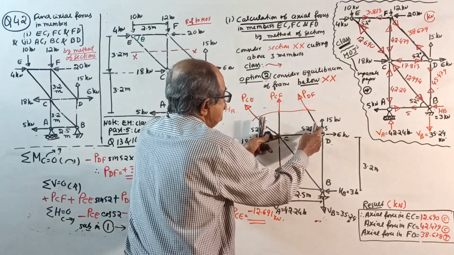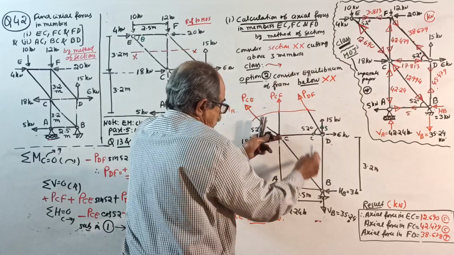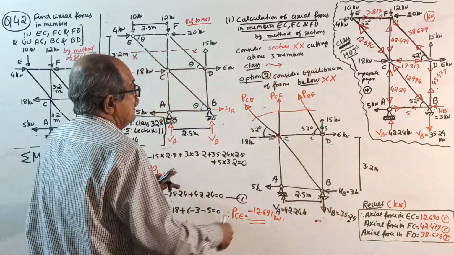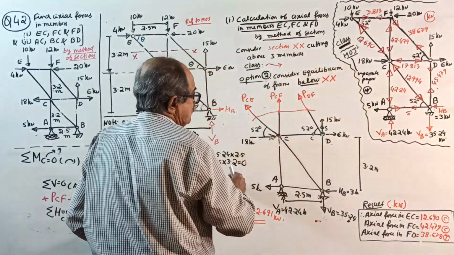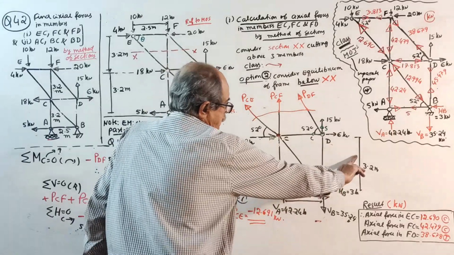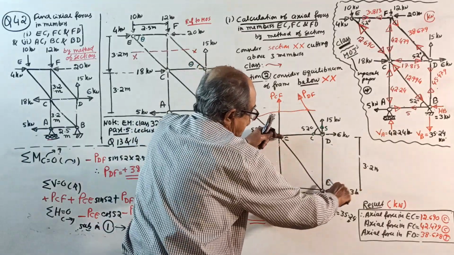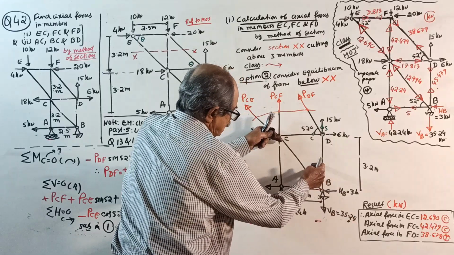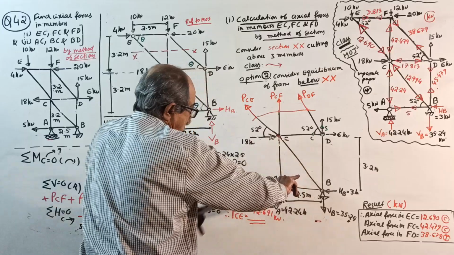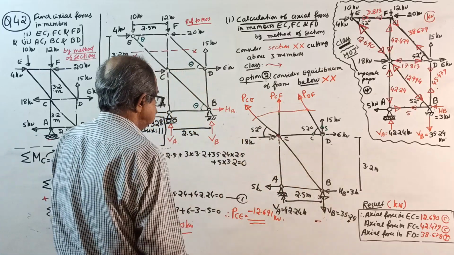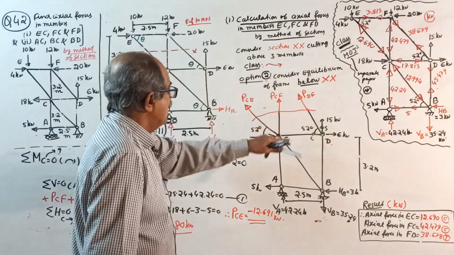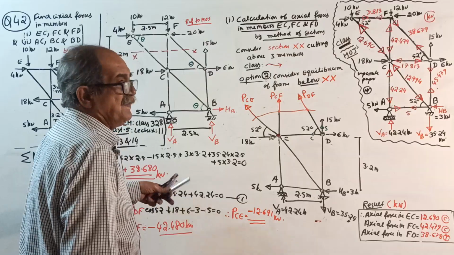This force into sin theta, this component into 2.5 anti-clockwise. Then minus 15 into 2.5, 6 into 0, plus 3 into 3.2, plus 35.24 into 2.5, then 5 into 3.2 equal to 0. You will get PDF. Answer will come 38.680.